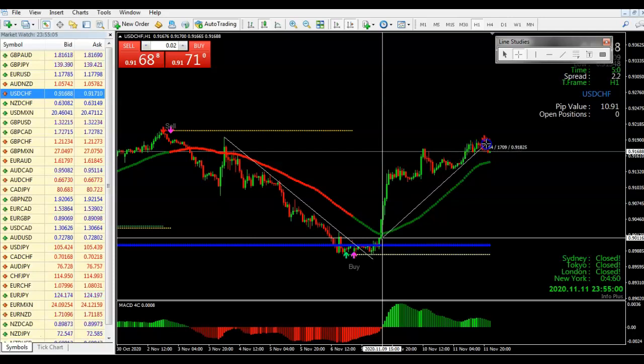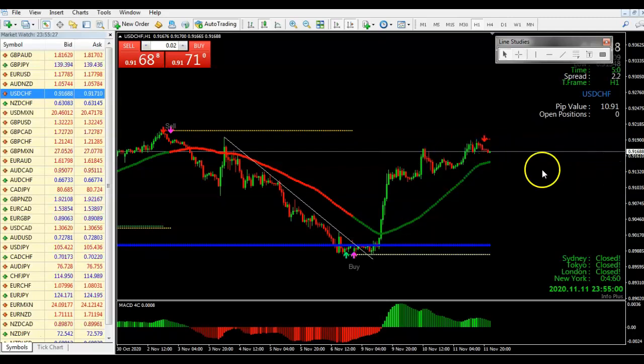And the moment that red arrow shows, you could probably get out right there, but that's 160 pips. But if you wait until, you know, this is all green, green, green until it turns red, then you can get out. You can do that too. This is perfect. 170 pips, no problem.